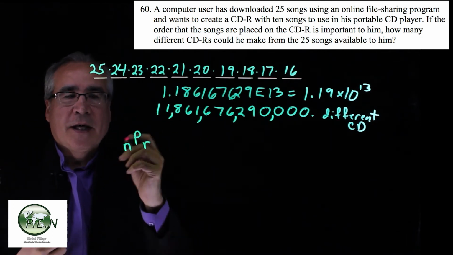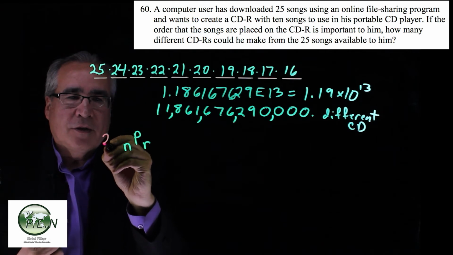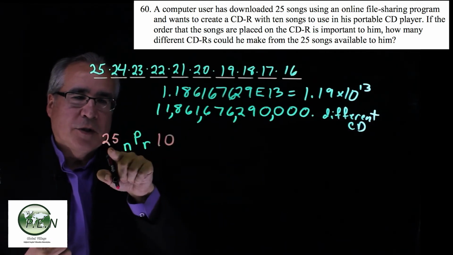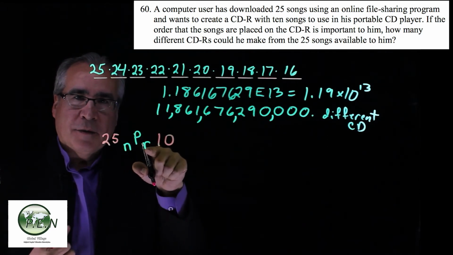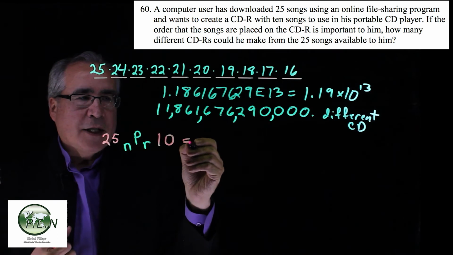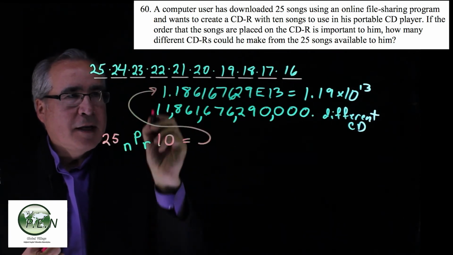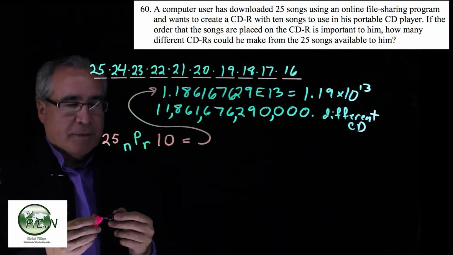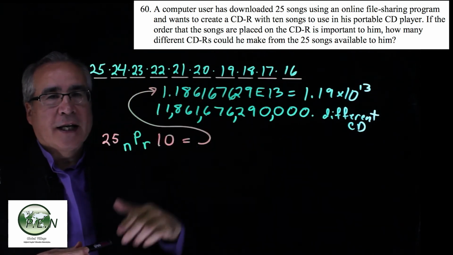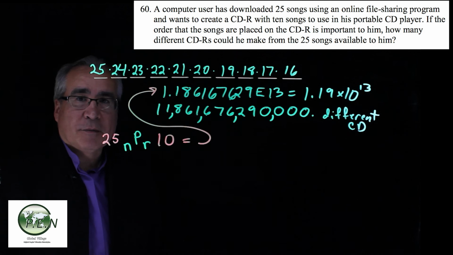So we've got 25 songs to choose from, and on this CD we're going to choose 10. So we put 25, we get the nPr button, click, and then we put in 10, and it will calculate this same amount here. It's basically the same thing as putting in this whole line of multiplication, but a little bit quicker.